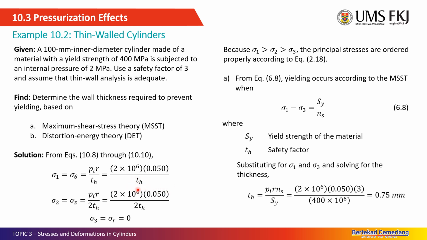We're still looking for the thickness here, right? Sigma 3 is equivalent to 0, because we know that stress 1 is bigger than stress 2 and stress 2 is bigger than stress 3. The principal stresses are ordered properly according to equation 2.18 in chapter 2.